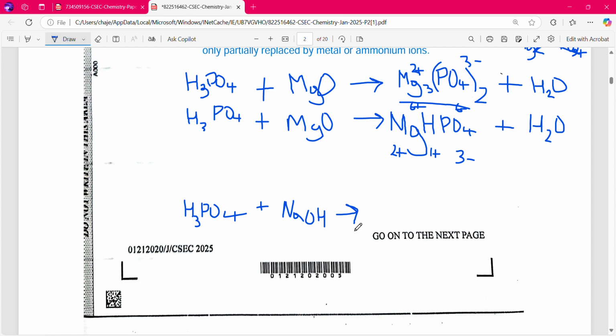If we have 3 hydrogens in the original acid, but that's a normal salt, Renil. We want to form an acid salt. So what do we do? In acid salt, you have the hydrogens in the acid only partially replaced. So how many hydrogens do you want to replace in this acid?